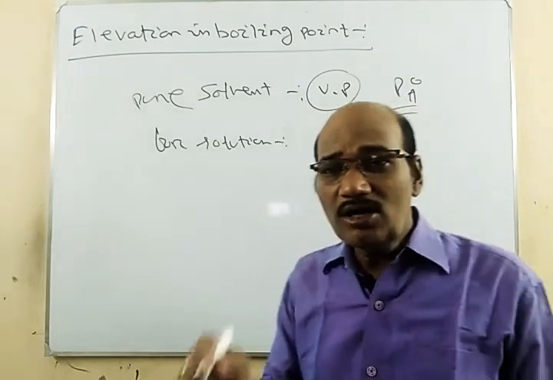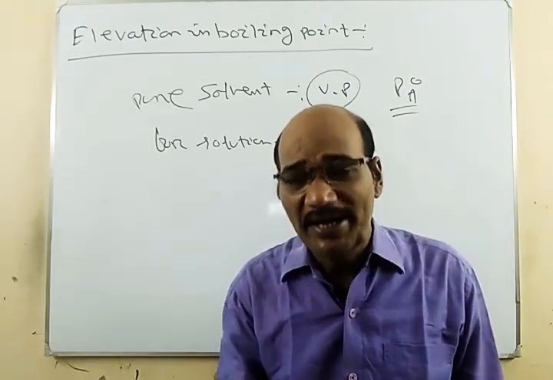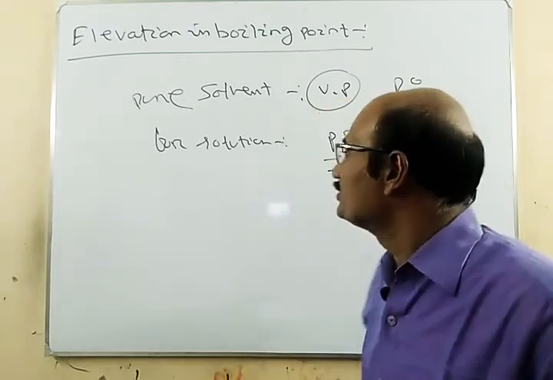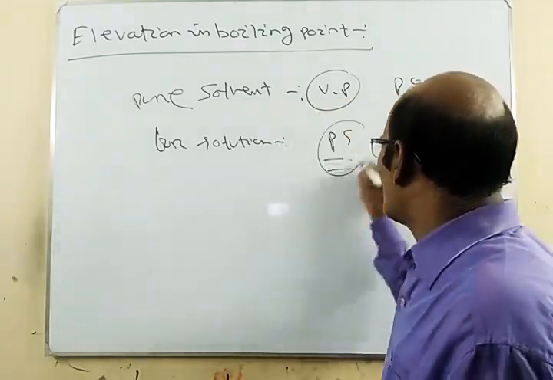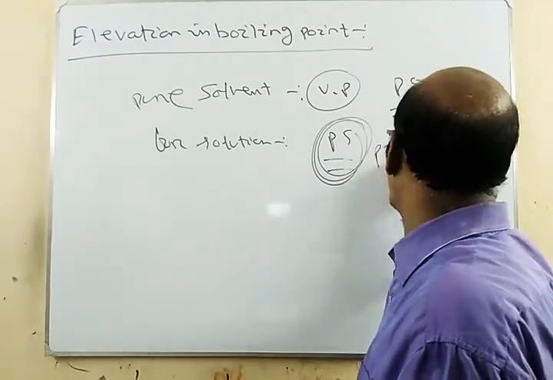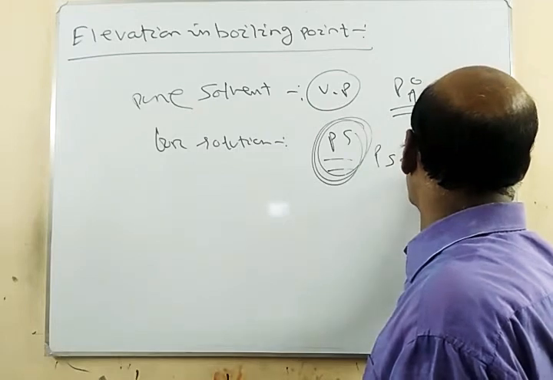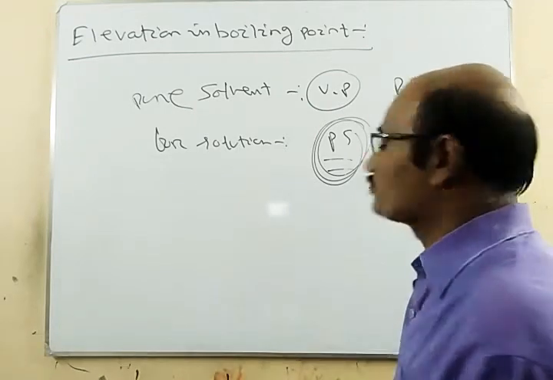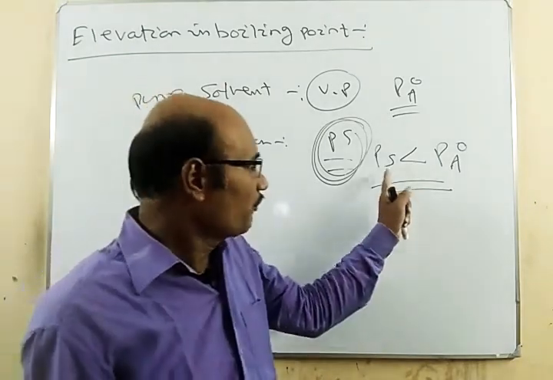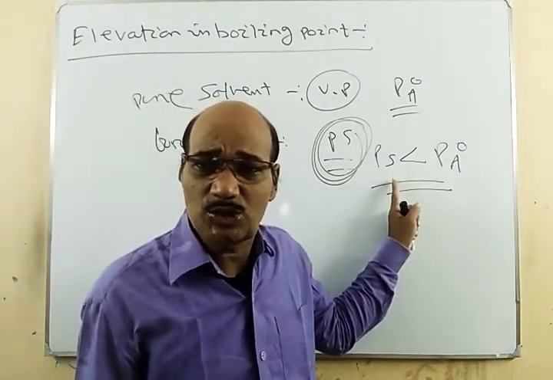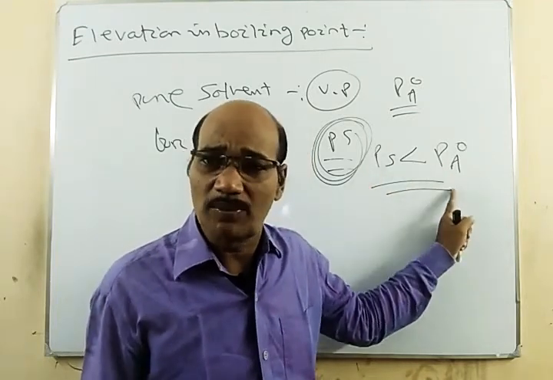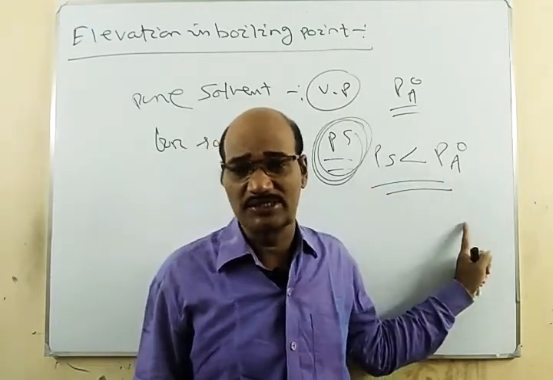If a non-volatile solute is added to the solvent, we get a solution, then the vapor pressure of the solution PS will be less than PA0. So the vapor pressure of a solution is less than that of the pure solvent. Already we discussed this in the last class.